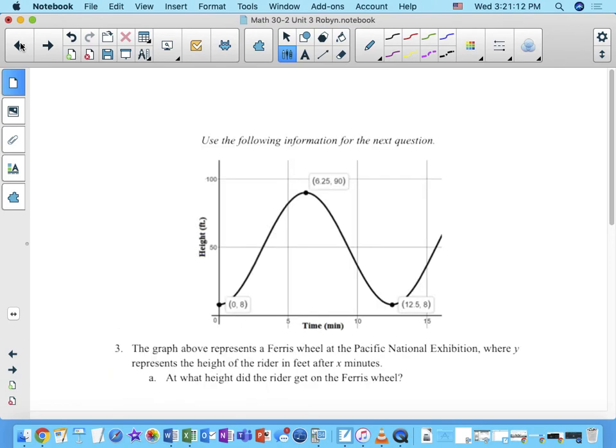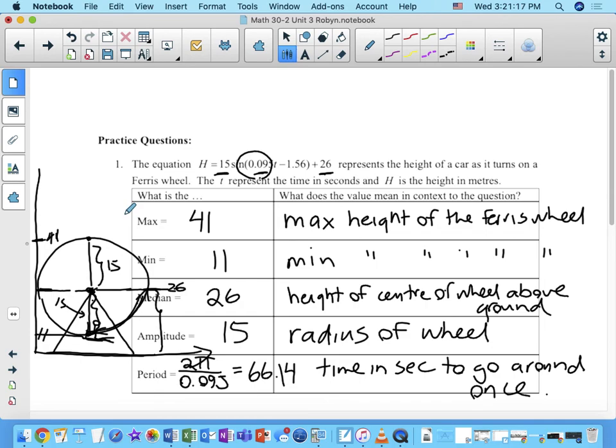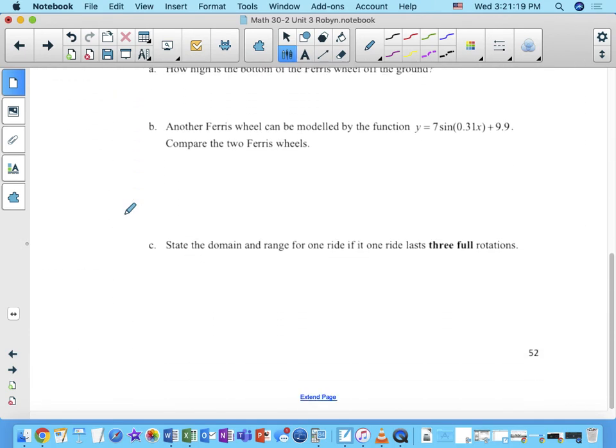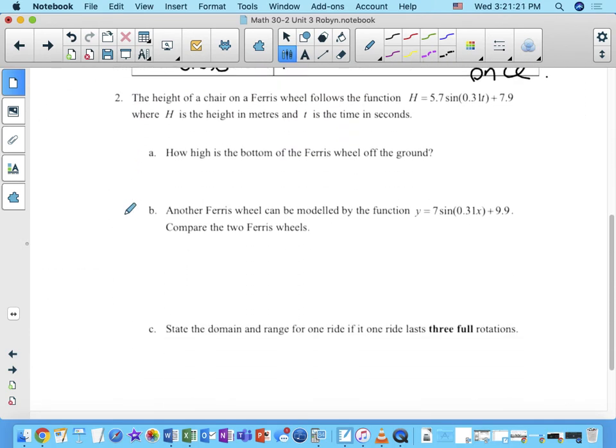You guys now try and do some of these Ferris wheel questions yourselves, starting on page 52. So there's question 2, and then there's a couple more on the next few pages. And then tomorrow we're going to finish up all of this sinusoidal application stuff.